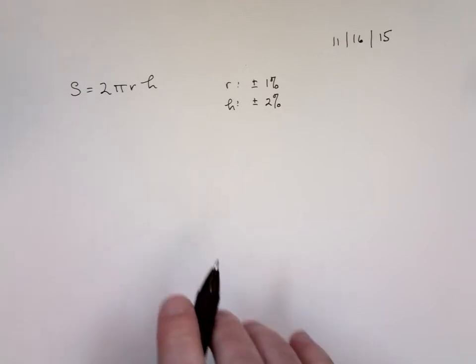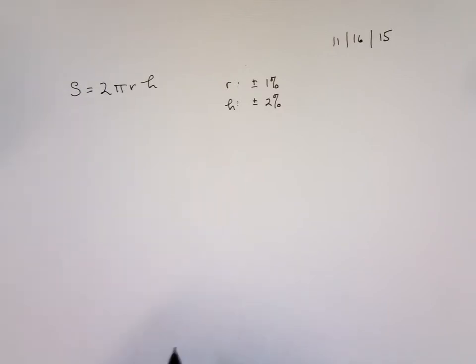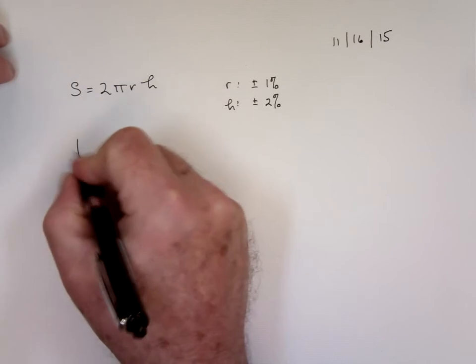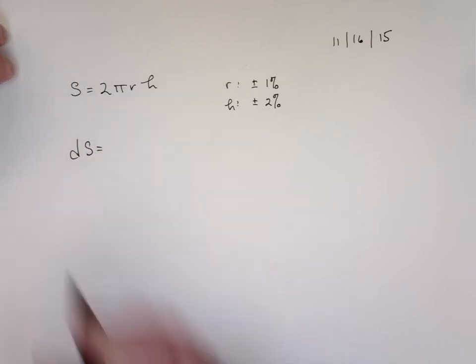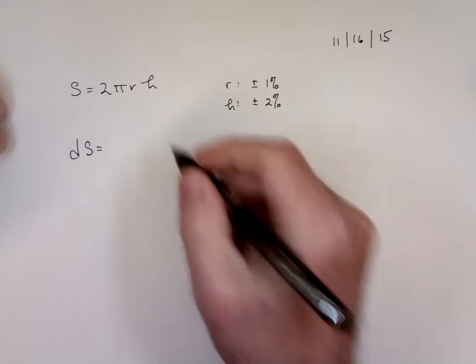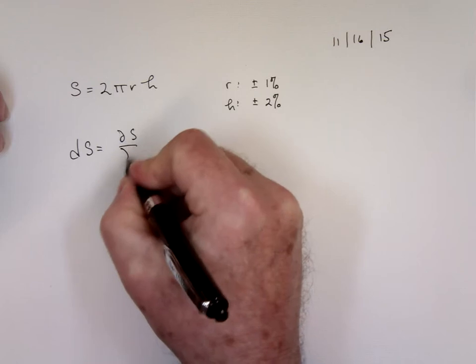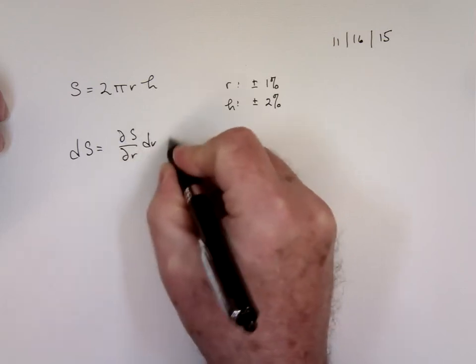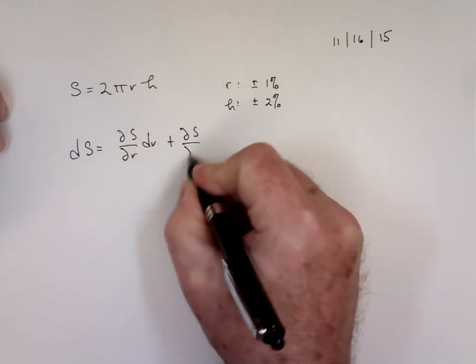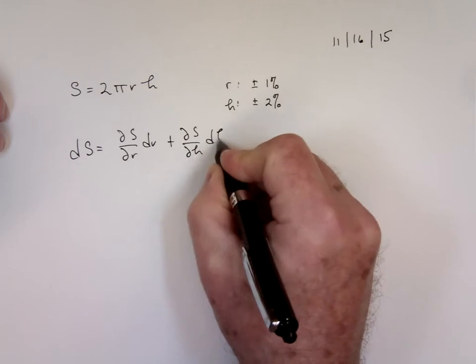The way to do that is first find the total differential of S. The total differential of S, dS, is equal to the partial of S with respect to r, dr, plus the partial of S with respect to h, dh.